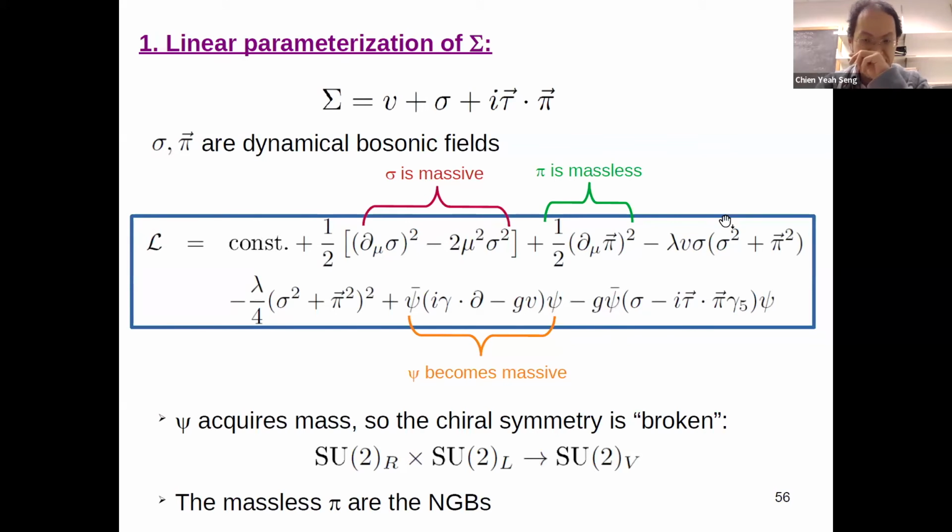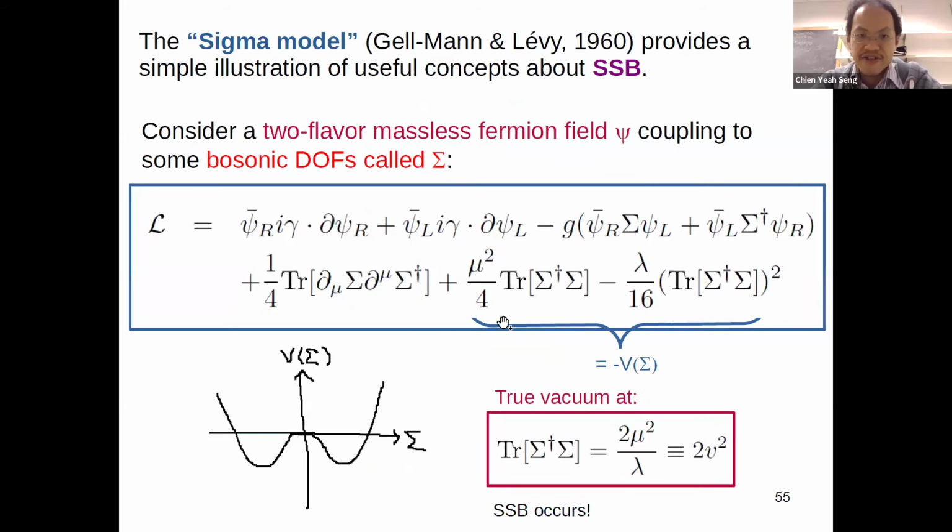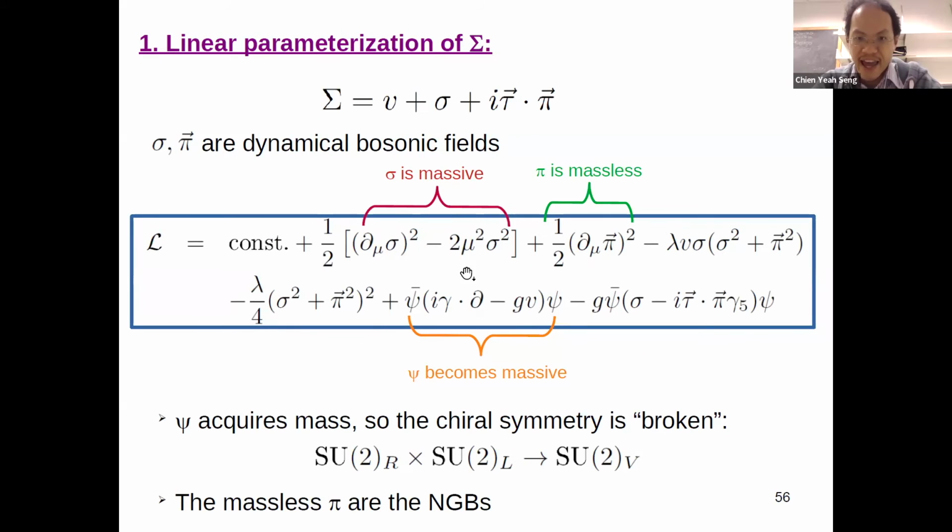a new form of the sigma model. And you find that in terms of this new bosonic field, the small sigma is a massive boson because you have a mass term, but the pi is a massless boson because there is no pion mass term. And then also the originally massless psi has gained a mass, so the fermion also becomes massive.